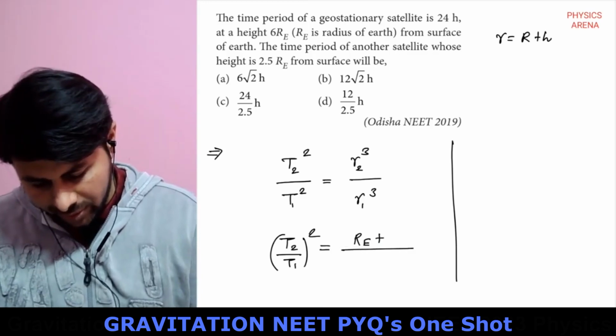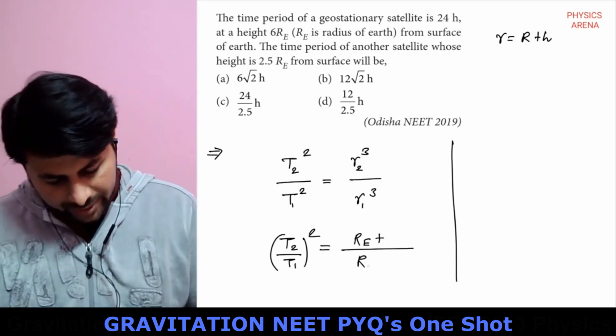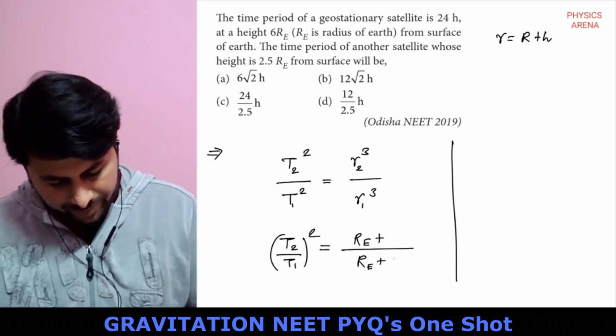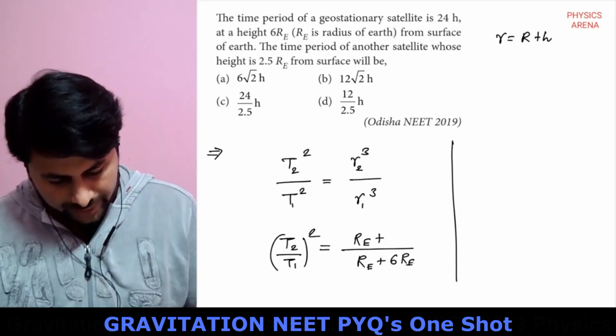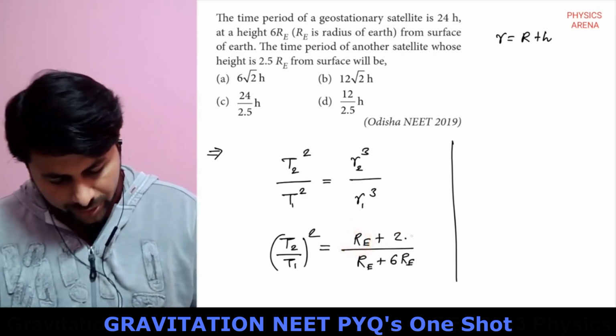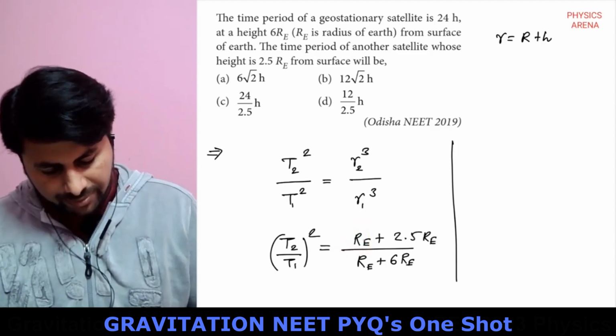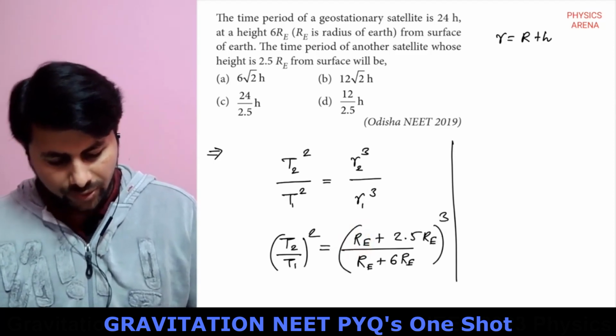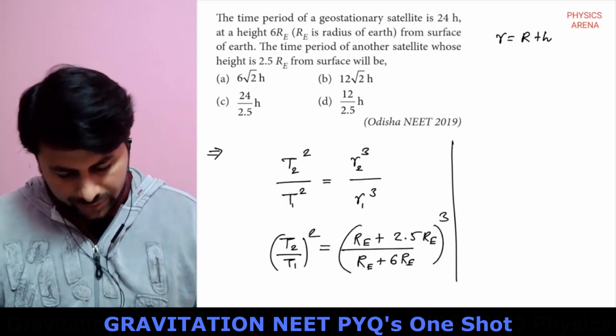Okay. The radius of the first one is RE plus 6 RE, and the radius of the second one is RE plus 2.5 times RE, and you have the cube of that. Okay.